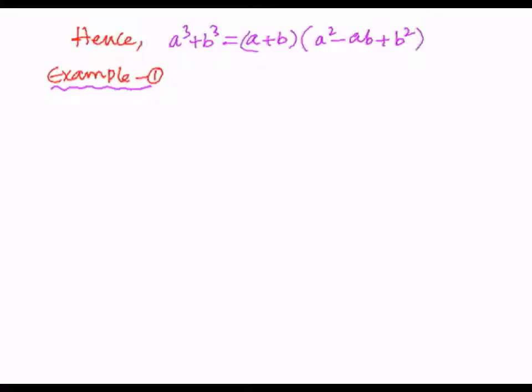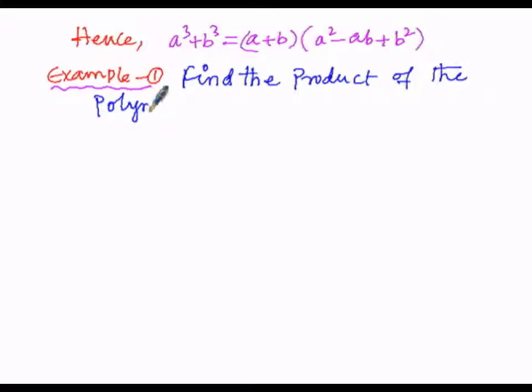Example number 1: find the product of the polynomials 4a plus 3 into 16a square minus 12a plus 9.